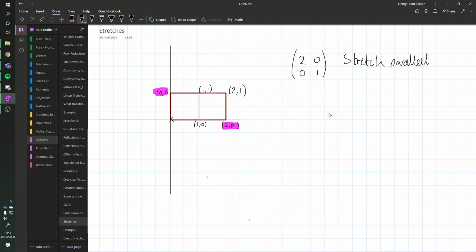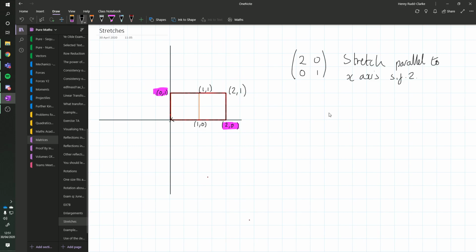So stretch parallel to the x-axis, scale factor 2.